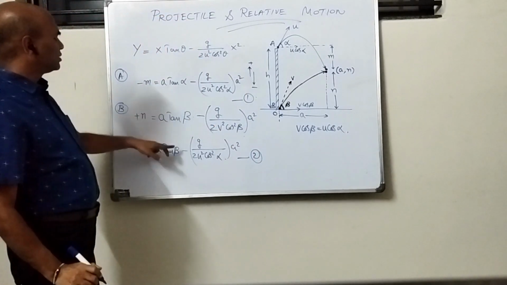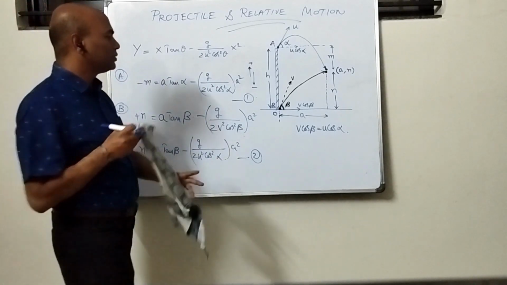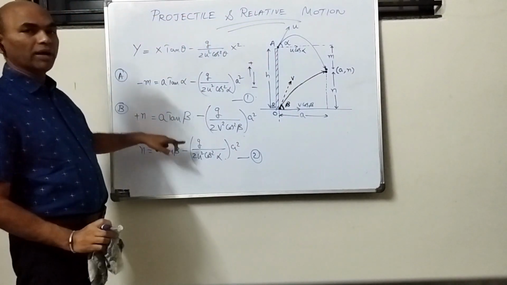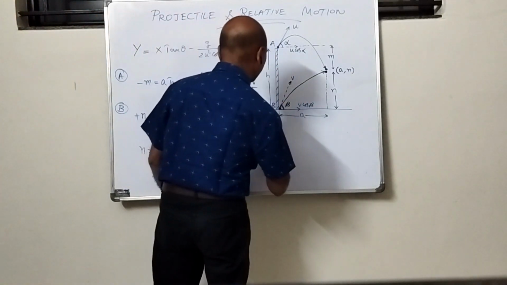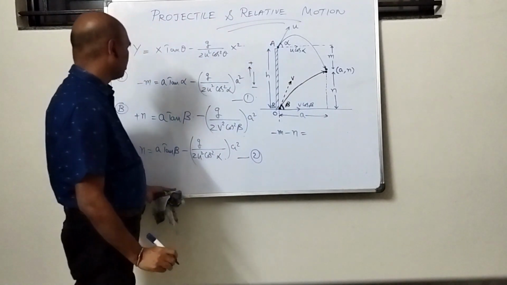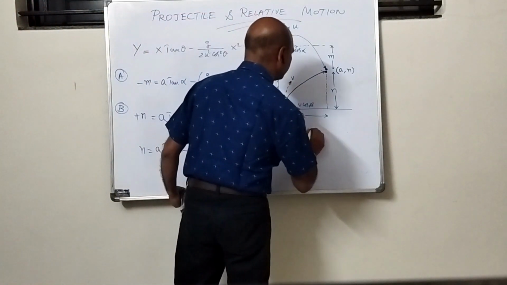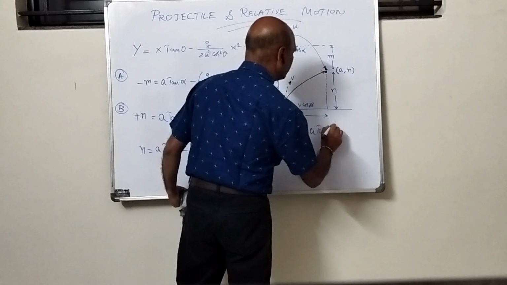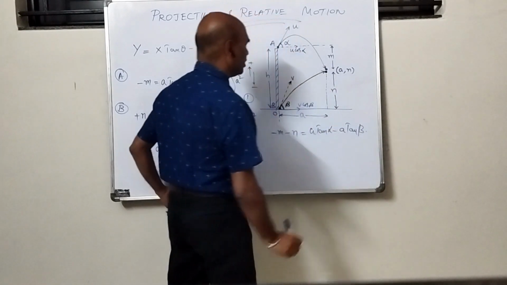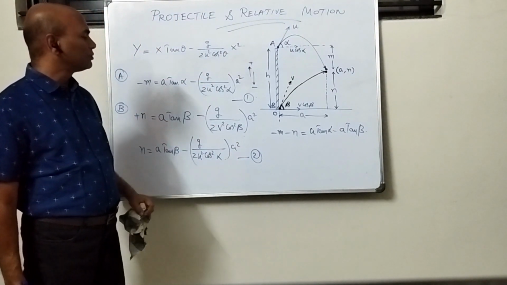So rather let us consider this as equation 2 now. Now subtracting these two equations, equation 1 minus equation 2, I would get minus m minus n is equal to a tan alpha minus a tan beta, and I have not written the next term because these two will get cancelled, right?